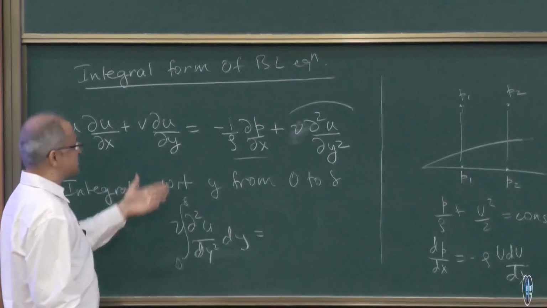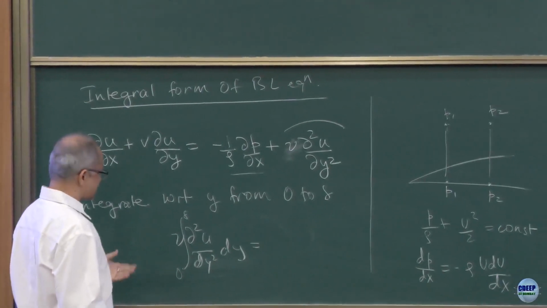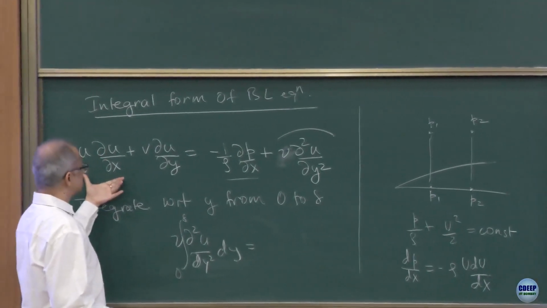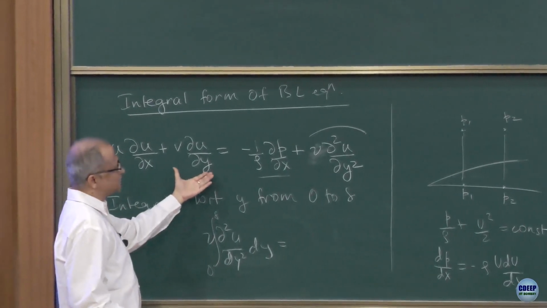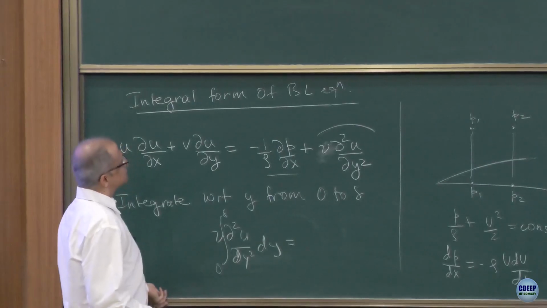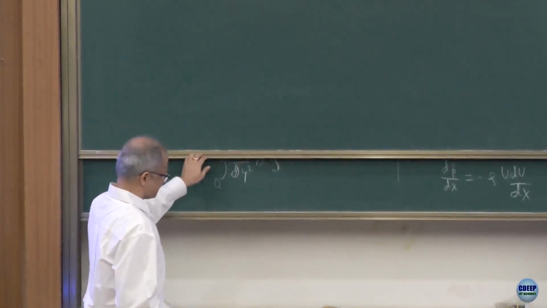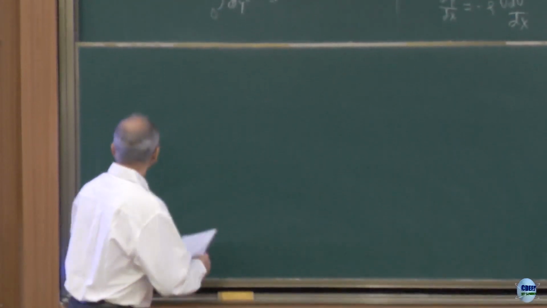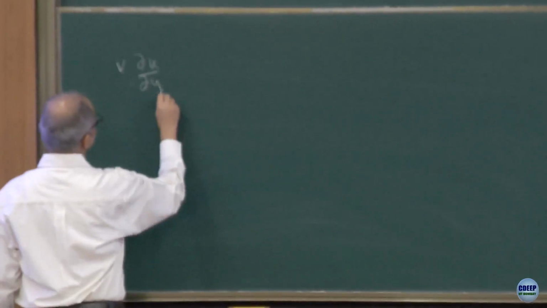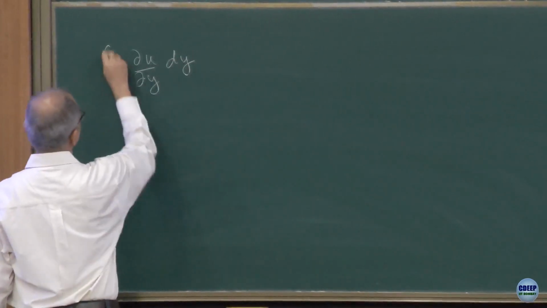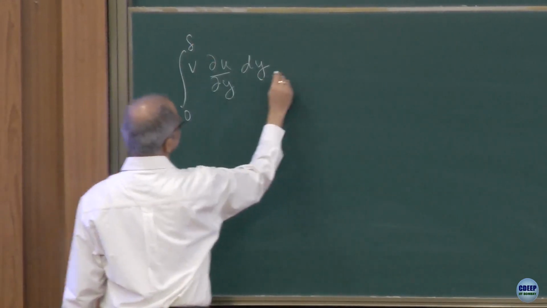Now when we looked at the left hand side, we said we are not going to do too much to this term, we will only be trying to manipulate this term. And if you do that, we started off by saying u v times ∂u/∂y, integrate this with respect to y from 0 to delta.